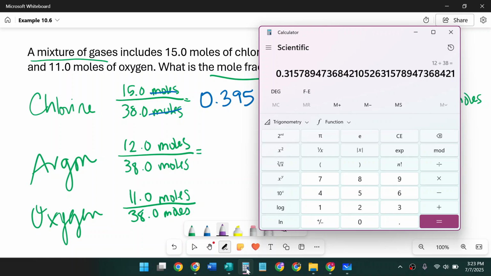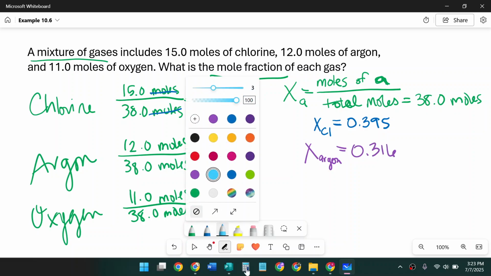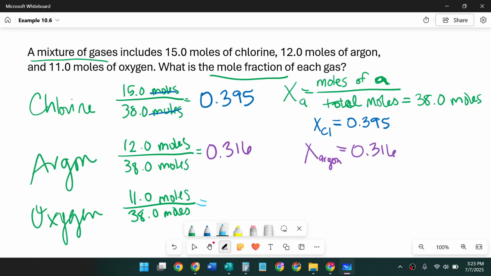Again, we only keep three significant digits, so that's 0.316. And we would write that as X of argon, you can also write the whole word like that. 0.316. And then our last one is oxygen.